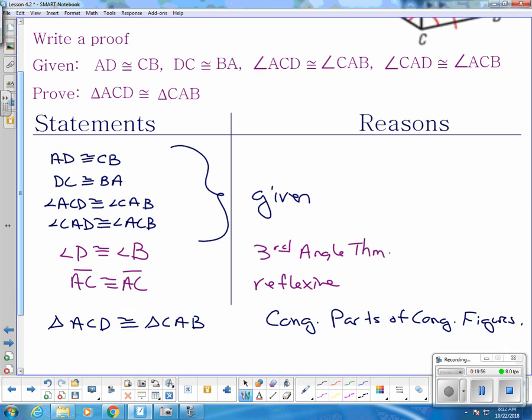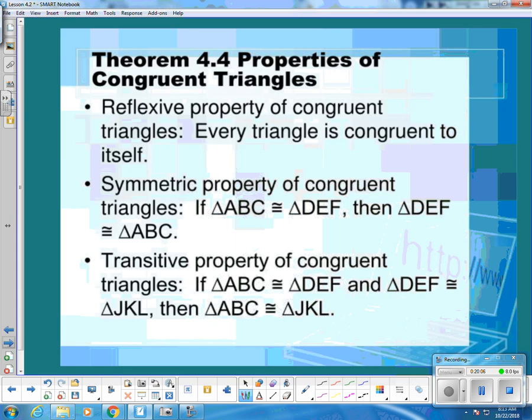Make sense? All right. Properties of congruent triangles. The reflexive property of congruent triangles: every triangle is congruent to itself. The symmetric property: if triangle ABC is congruent to triangle DEF, then you can switch it around, and DEF would be congruent to ABC.